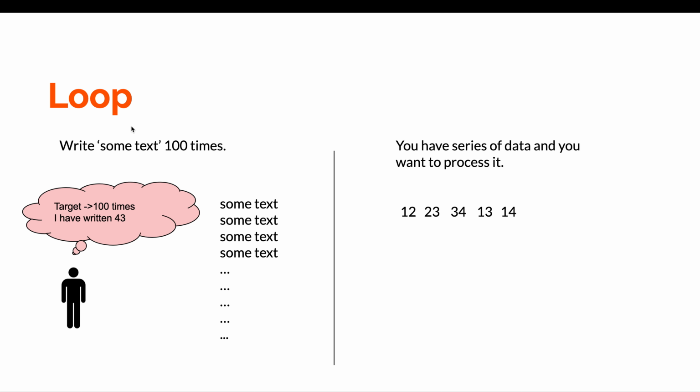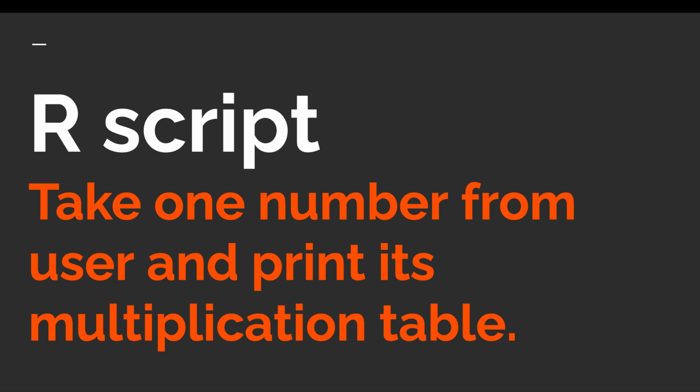So we are going to have two different scenarios and we are going to write a script. We will write a script which will take a number from the user and then it will print its multiplication table. So for instance, it will take a number from the user and the number is 2.